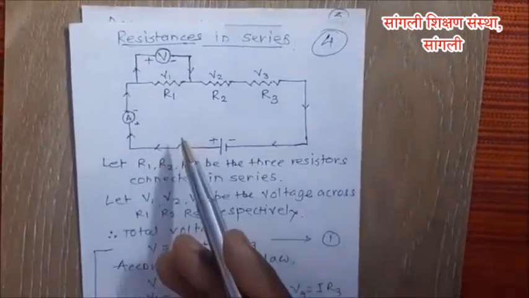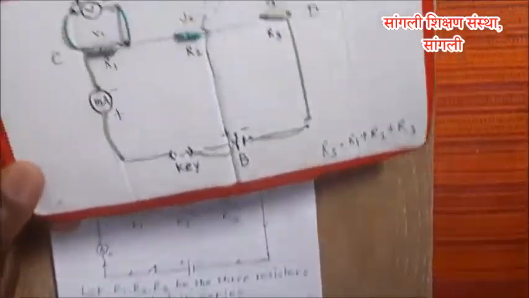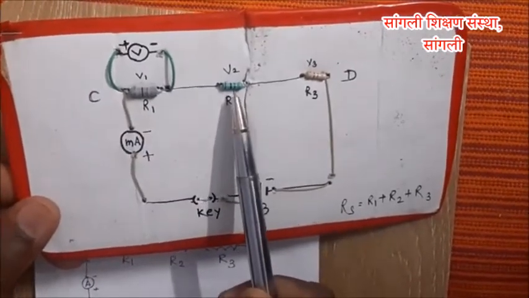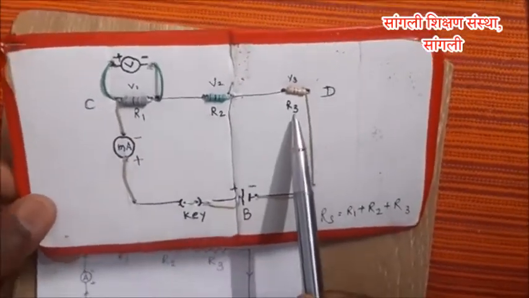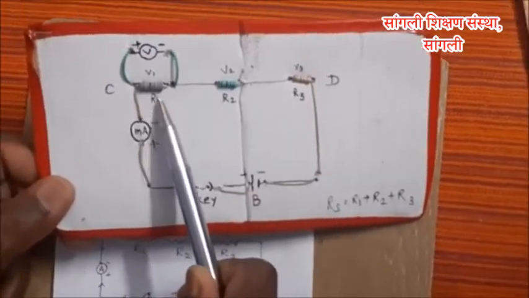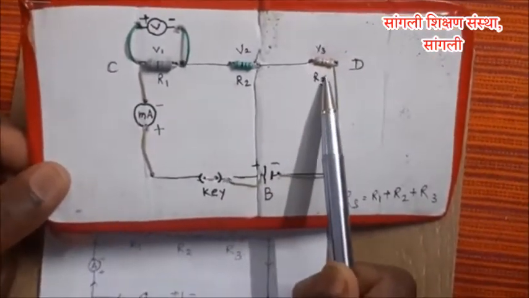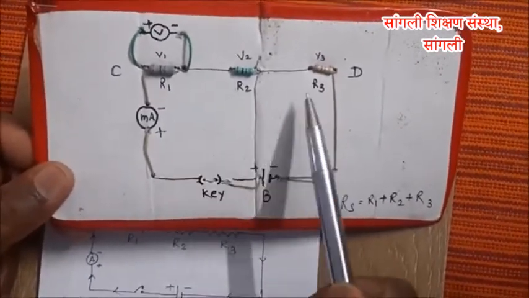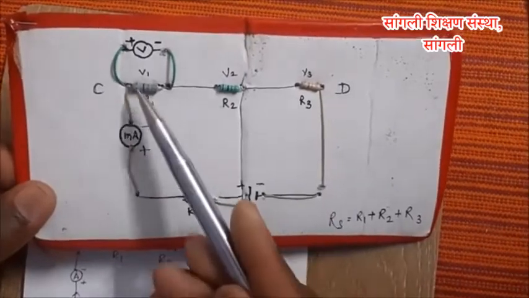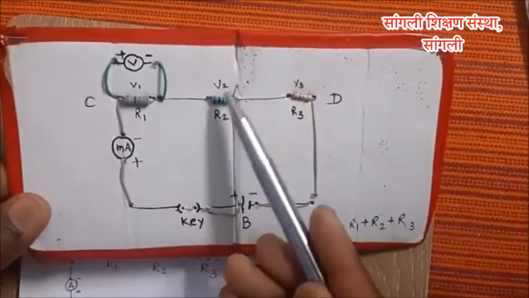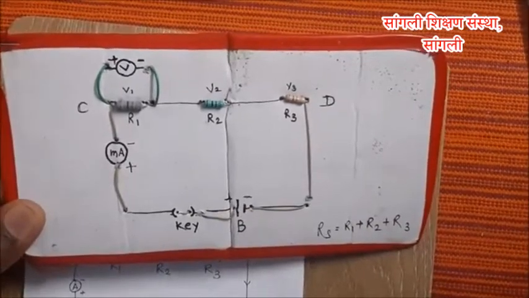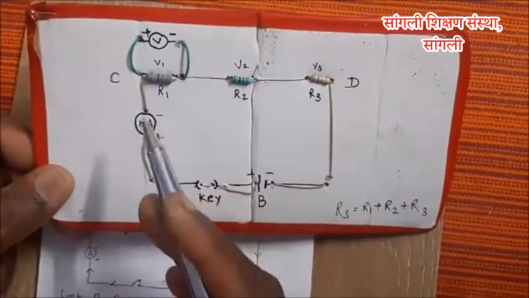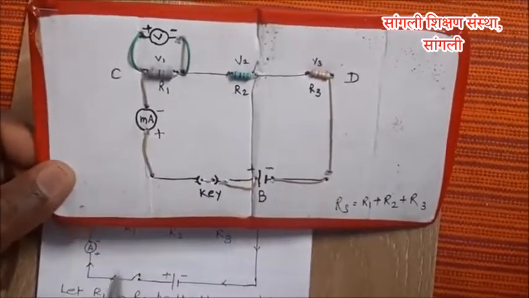Let me repeat. Look at this. These are the resistances. This is R1, this is R2, this is R3. These are the three resistances which are connected one after another in such a way that the current flowing through each resistance is the same and the potential difference produced across each resistance is different. Such an arrangement of resistances is called resistance in series. Let me repeat again.